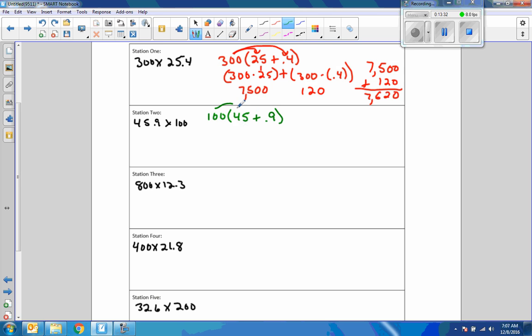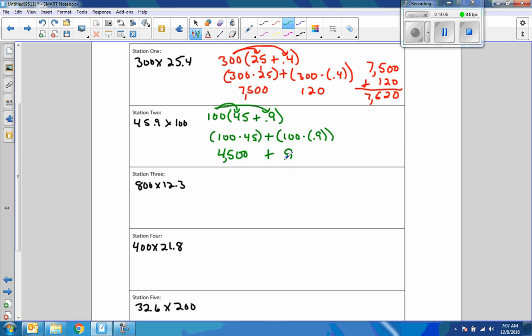So we're distributing 100 times 45, so 100 times 45 plus 100 times 0.9. Okay. 45 times 1 is 45, 2 zeros, so that's 4,500, plus 1 times 0.9 is 0.9.